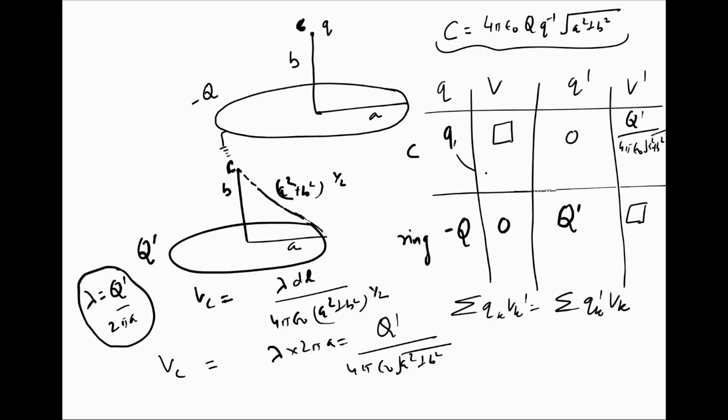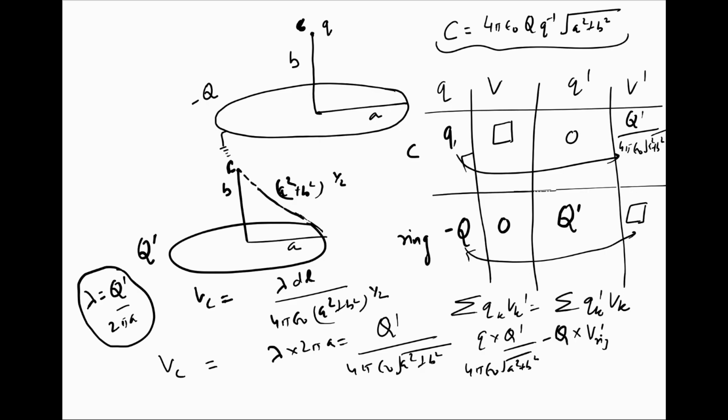So this into this, Q into Q dash over 4 pi epsilon naught square root of A square plus B square, and this into this voltage I don't know, minus Q into V ring dash, is equal to this into 0 is equal to 0, this into 0 is equal to 0.